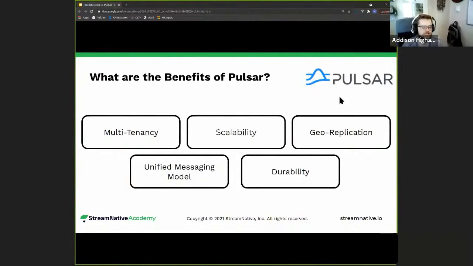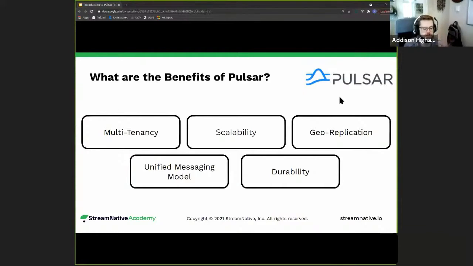So returning at a high level, what are some of the benefits that we see? Some of those we've already talked about a little bit, and we're going to dig a little deeper here, such as scalability and the unified messaging model. But one thing that's really critical in Pulsar's adoption story and what makes it very successful is its multi-tenancy model. Pulsar is designed to scale across your organization, not just in terms of traffic, but also different teams and different use cases that can all share infrastructure.